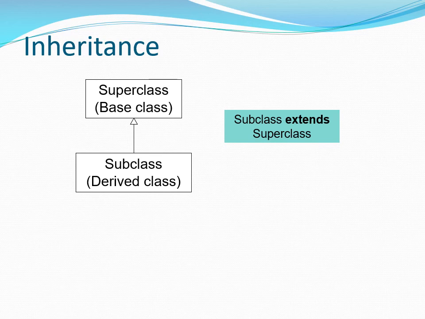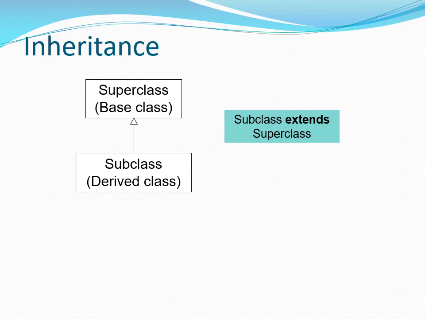So inheritance acts as something like this. Here I have a superclass, or an existing class. There are different terminologies which are used. Some call it the superclass, some places it is called the base class. So you have an existing class, and then you derive a subclass from it, which is also termed the derived class.